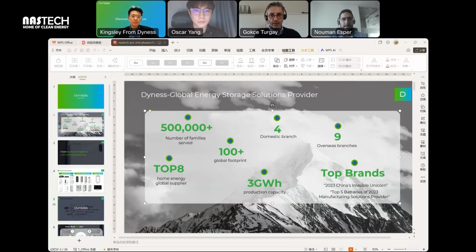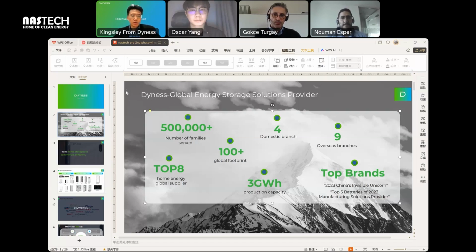Next, please allow me to introduce Dyness. Dyness was founded in 2017, and we are a global pioneer energy storage solution innovator, relying on advanced technology and robust product R&D capacity. Dyness has established a comprehensive product line of 4 series, including C&I and residential products.